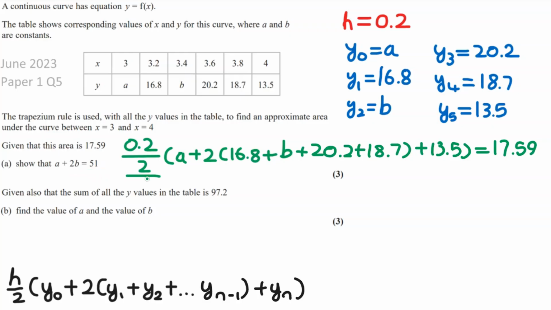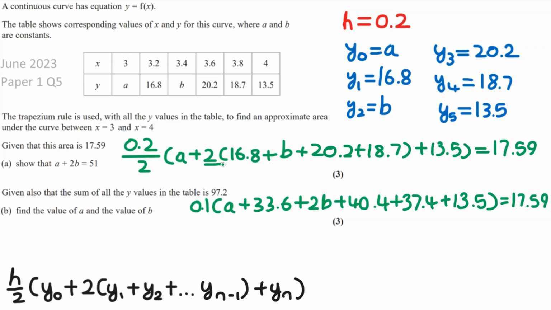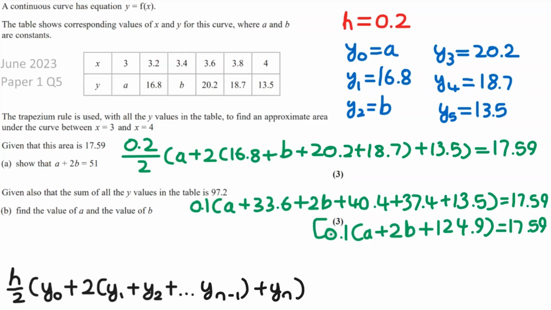Firstly, 0.2 divided by 2 is 0.1, and we're also going to expand this bracket here so it gets in this form here. And then we're going to use a calculator to add all of these numbers together like this, and if you do this, this is equal to 124.9. So we're left with this equation here.